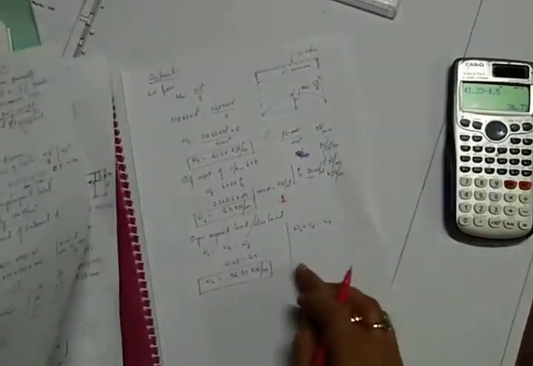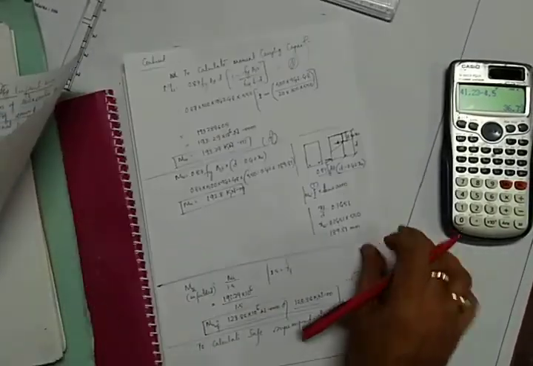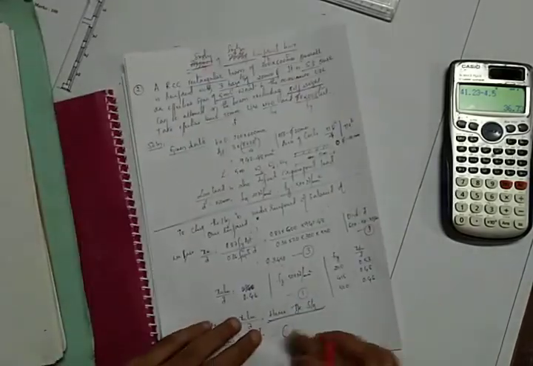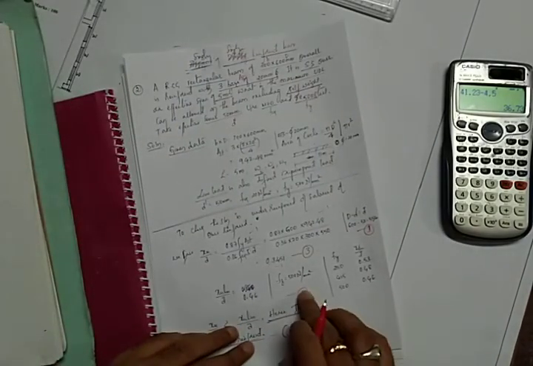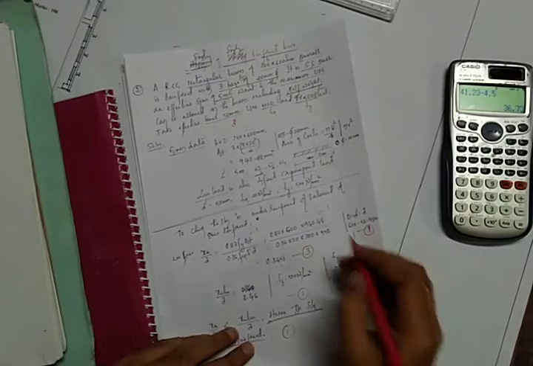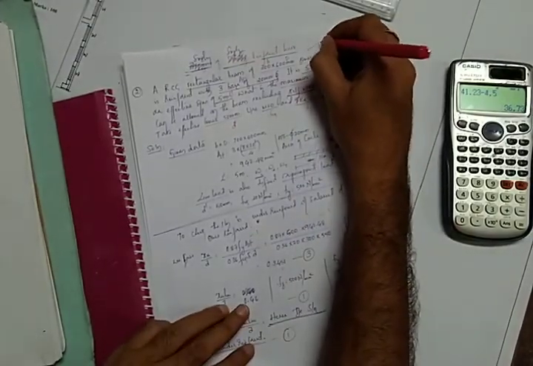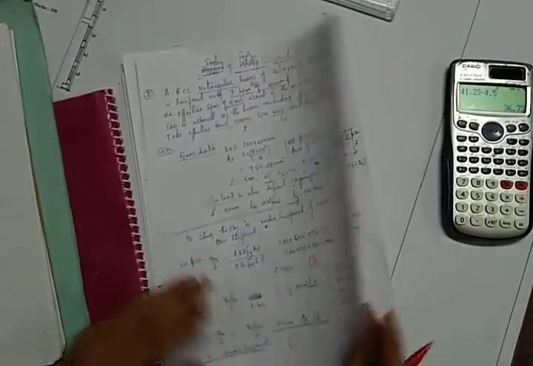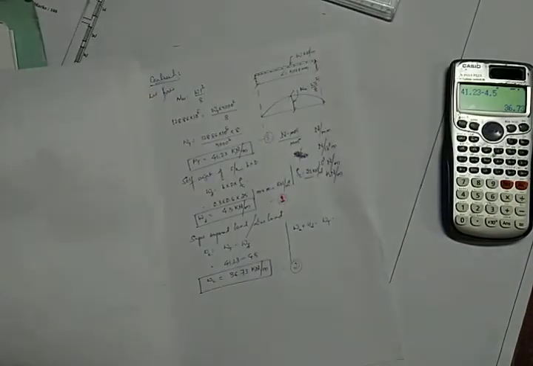Then it will be fine. 2 plus 1 plus 3, 6, 6 plus 3, 9, 9 plus 1, 10, 11, 14, 15. So totally this carries 15 marks. So this is the scheme of valuation.